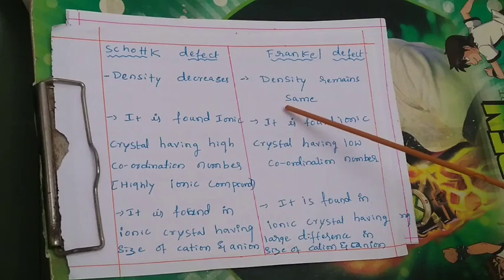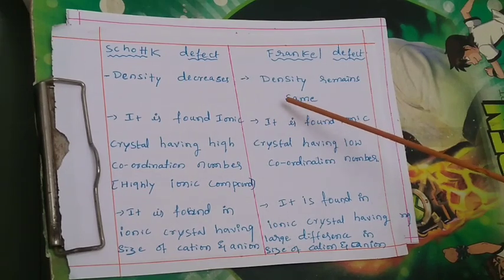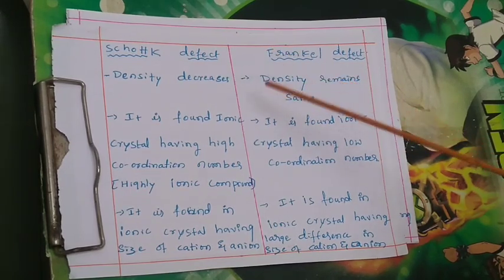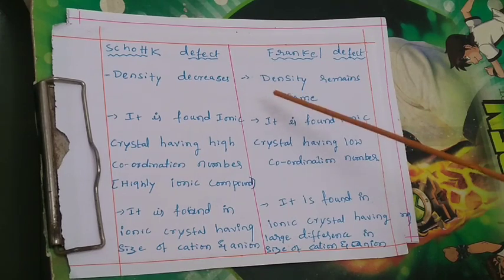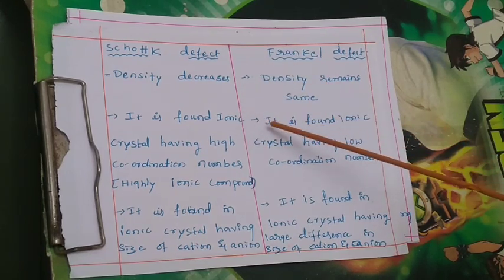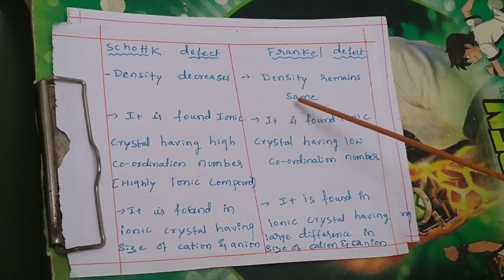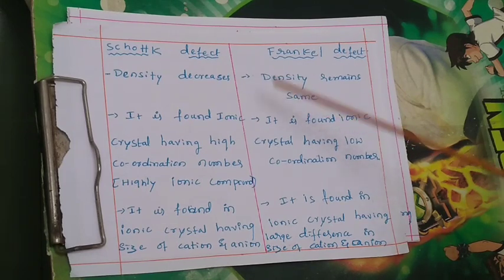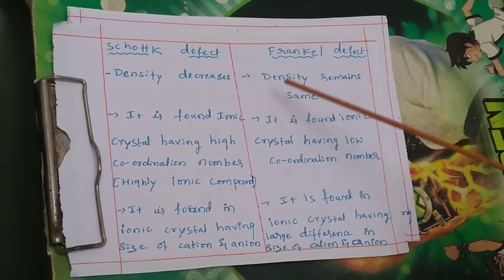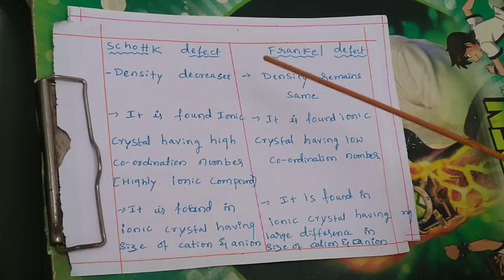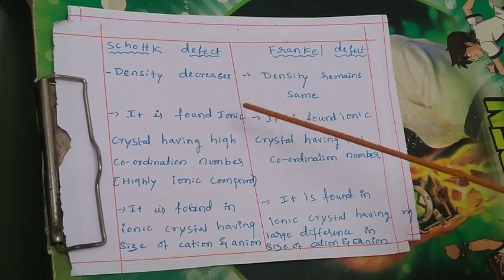That is due to there being no missing of either cation or anion from their lattice points. So here the density remains the same because the cations are only displaced but not missing.